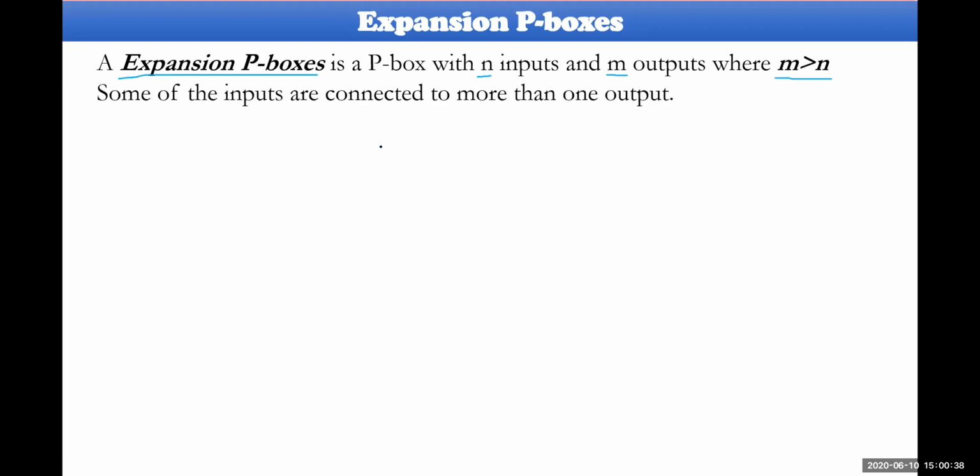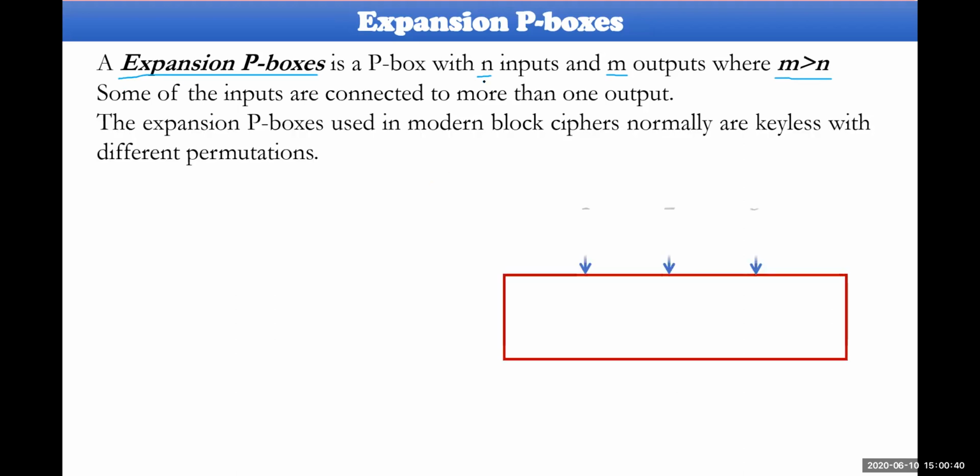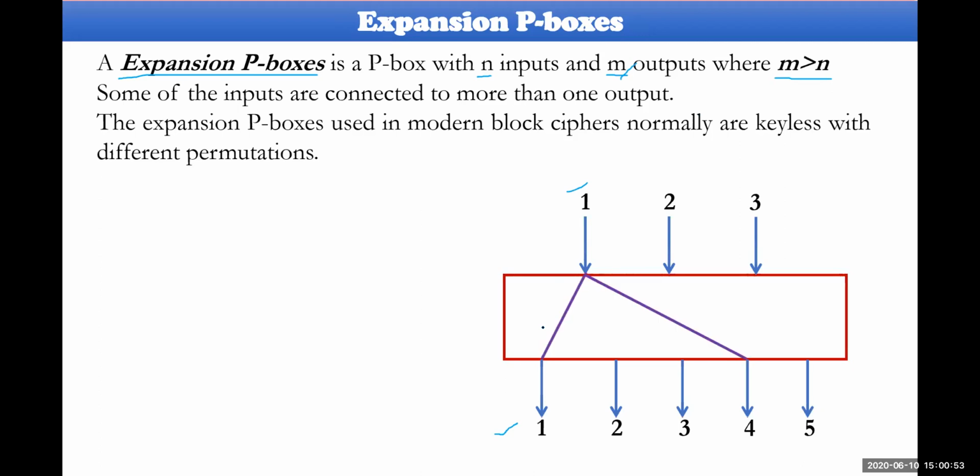And these expansions will be seen like this. Let us see. The number of inputs will be 3 here, and the number of outputs will be more; m is very huge. And look at how the mapping happens. 1 will be mapped to 1 and 4, 2 will be mapped to 5, and 3 will be mapped to 2 and 3.